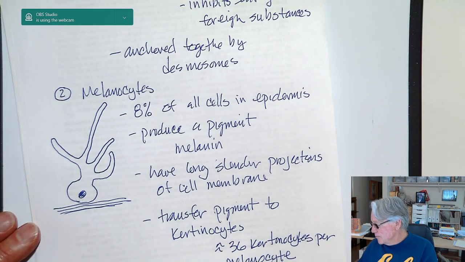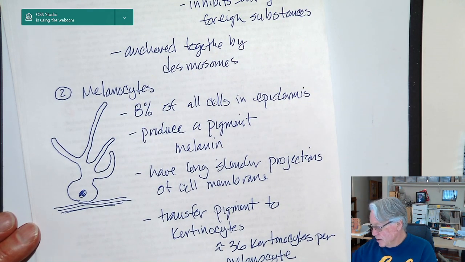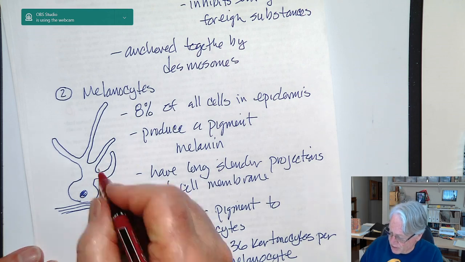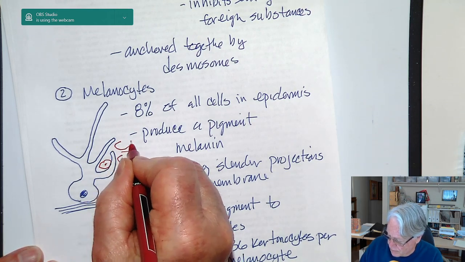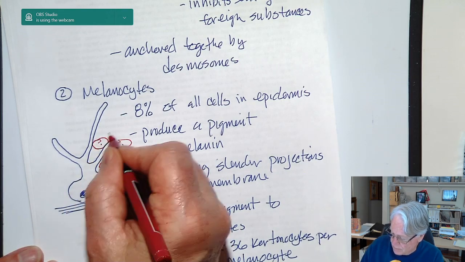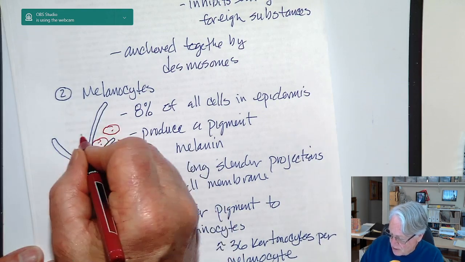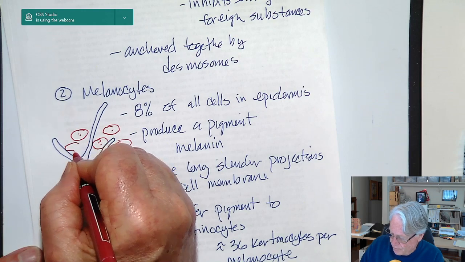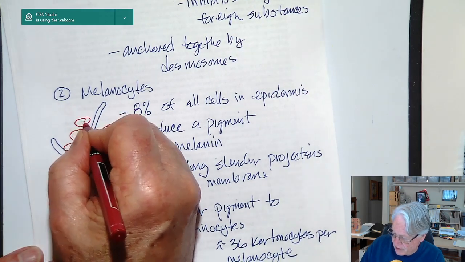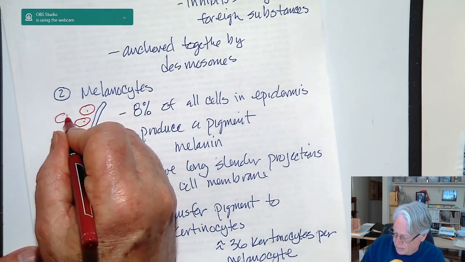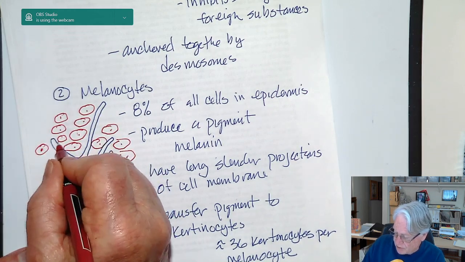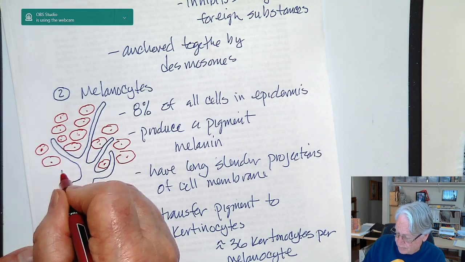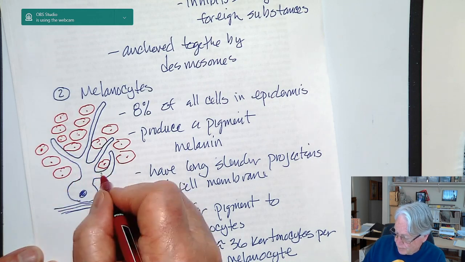And then we get the keratinocytes that are surrounding these projections, not in, but surrounding the projections.